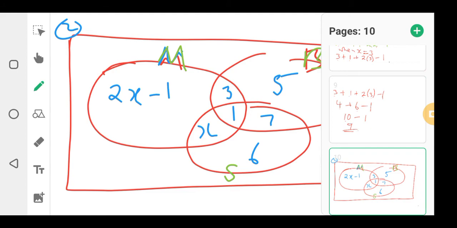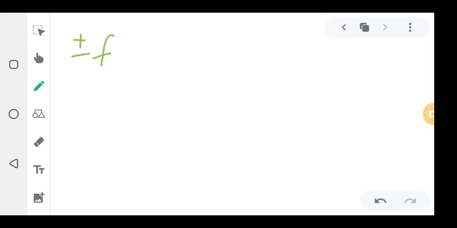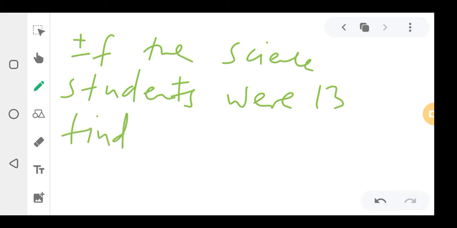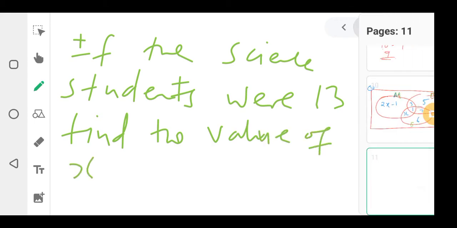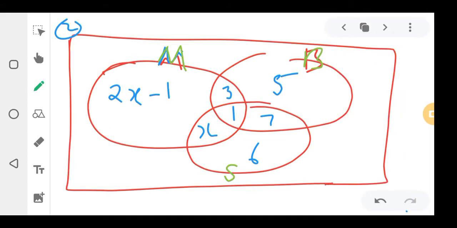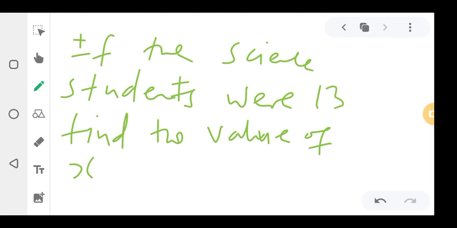Sometimes in question 1 they can say, if the math students, not science, the math students were 13, find the value of x.